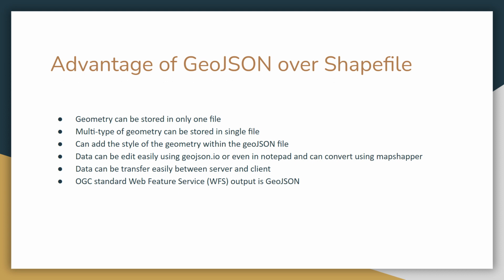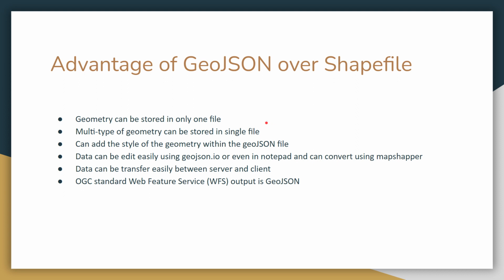So here you can see the advantages of GeoJSON over shapefile, which is a product of Esri. Let's talk about them one by one. In GeoJSON, the geometry can be stored in only one file, whereas for a shapefile we need at least four files, which are SHP, DBF, and PRJ, and there is one more file I forgot.